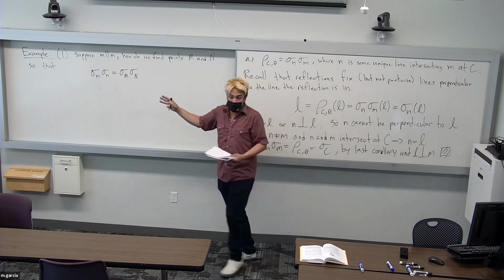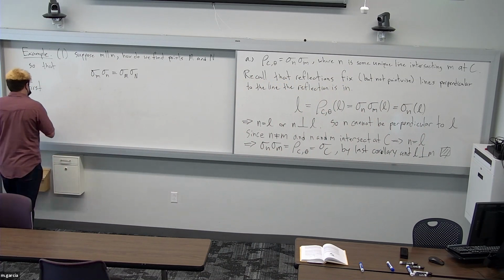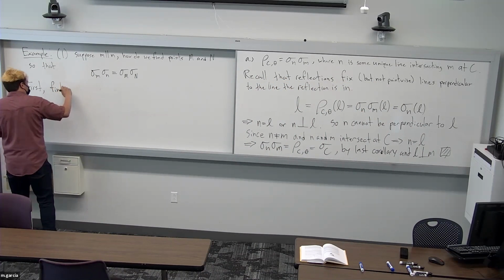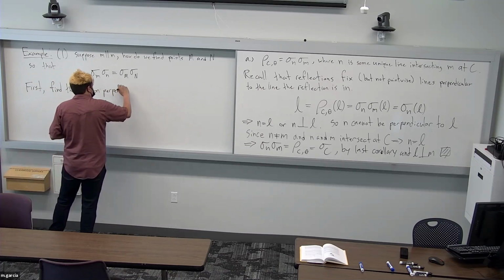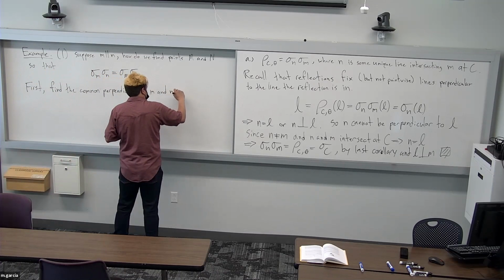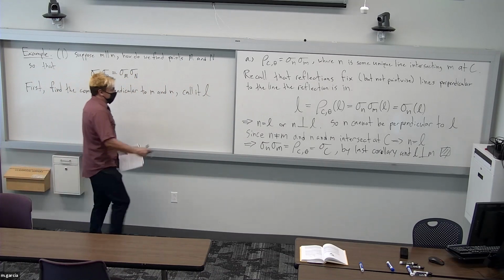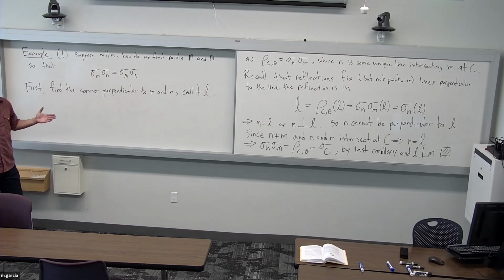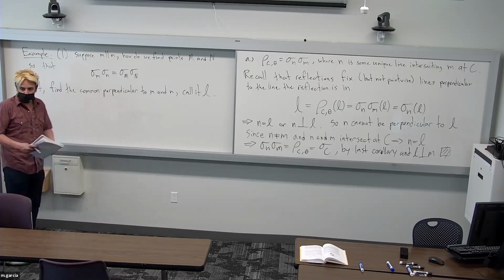So first, find the common perpendicular to M and N. Let's call it L. Then we'll suggestively call the intersection of L with M capital M, and L with N capital N.